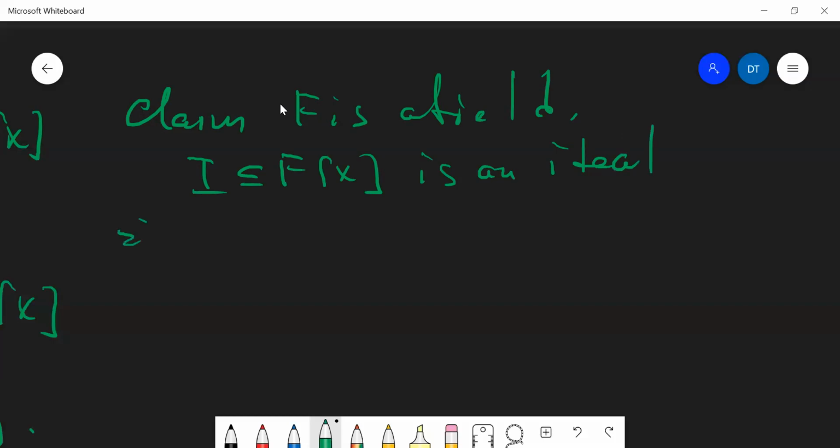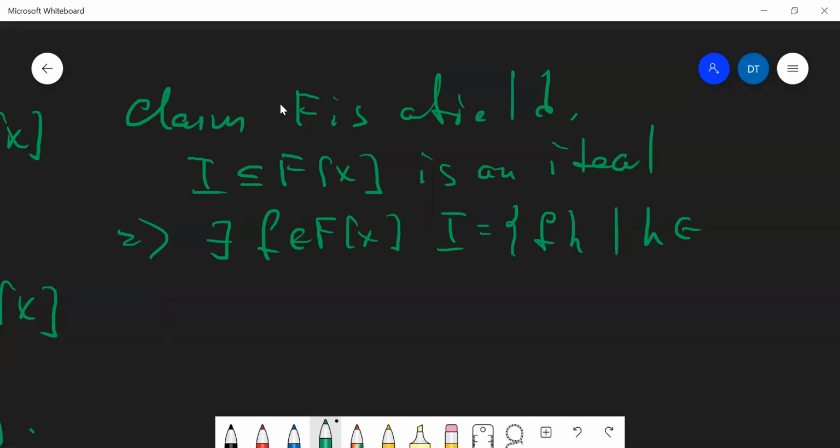Then there exists a polynomial f such that I is equal to the set of all polynomials divisible by f.